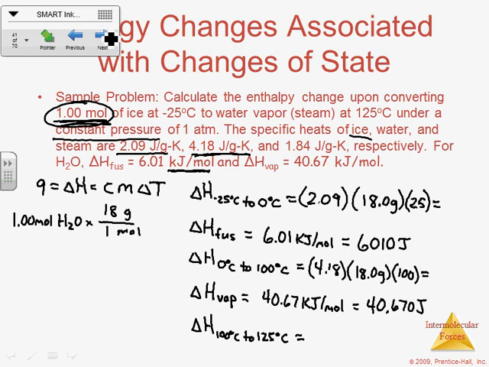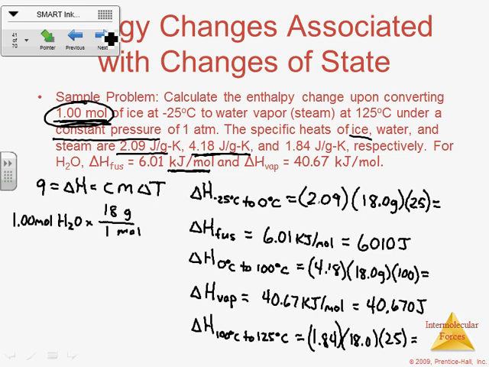And then for this bottom one, I'm going to take the specific heat of water vapor, which is 1.84 times 18.0, which is the mass, times the temperature change, again 25 degrees here, from 100 to 125. Once I total all of these up, well, I need to calculate them first.